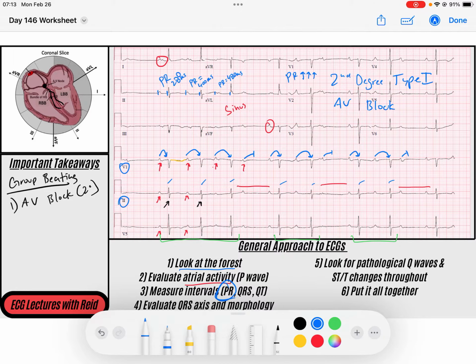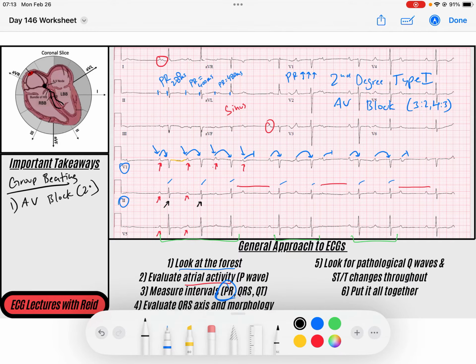And you can even say with 4 to 3 and 3 to 2 conduction. Here we have 4 P waves for every 3 QRSs, and it gets 3 to 2 later. So you could say that if you want to be fancy. You can be really fancy. So we have second degree type 1.